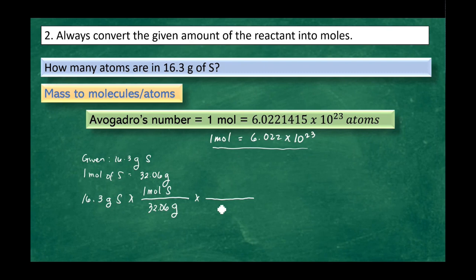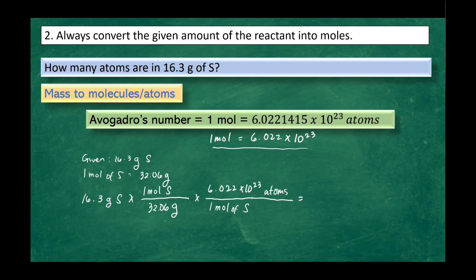So 1 mole of sulfur is equivalent to 6.022 times 10 raised to 23 atoms. Okay, this one is tricky. If you have an old calculator like mine, you have to input 6.022 times 10 raised to 23.